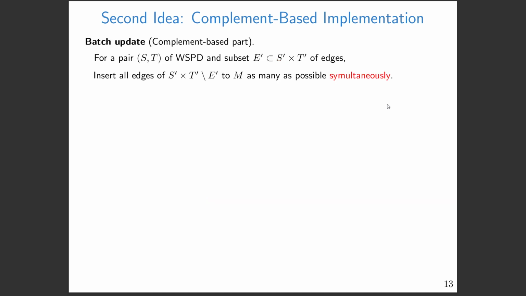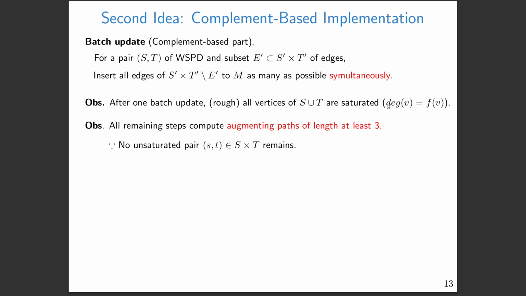So here is some analysis of why this batch update is efficient. First of all, due to our construction, roughly speaking, all vertices become saturated after the batch update. This means batch update occurs at most once for each pair. Furthermore, since there are no unsaturated vertices after the batch update, all remaining steps will compute and maintain augmenting paths of length at least 3.